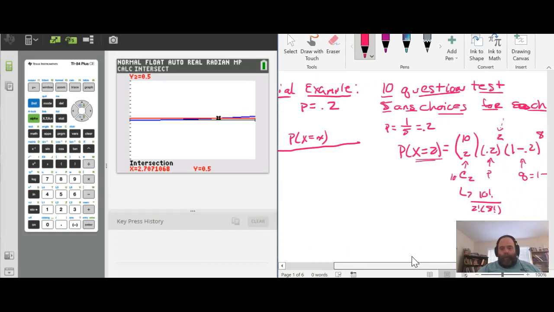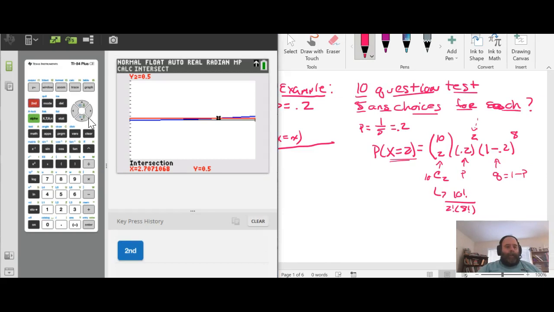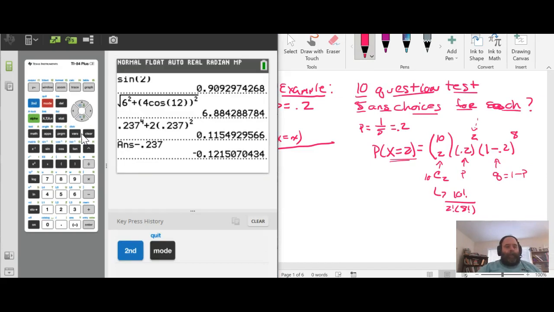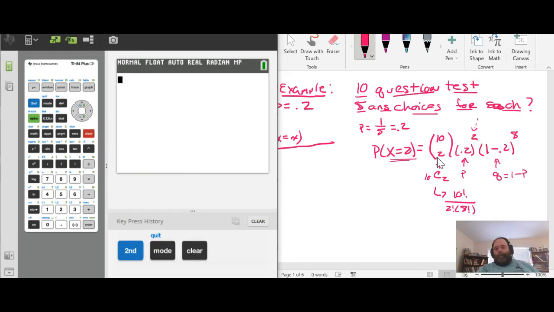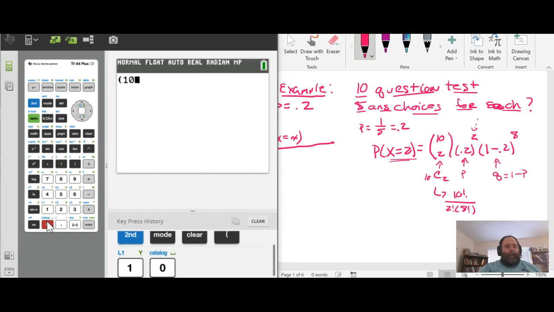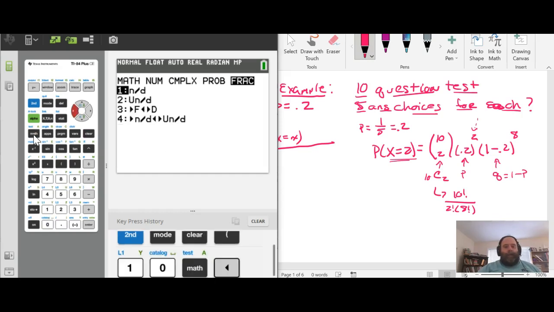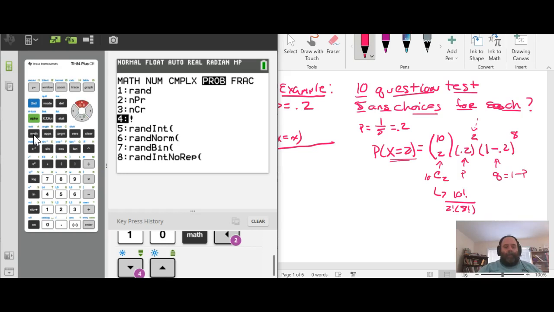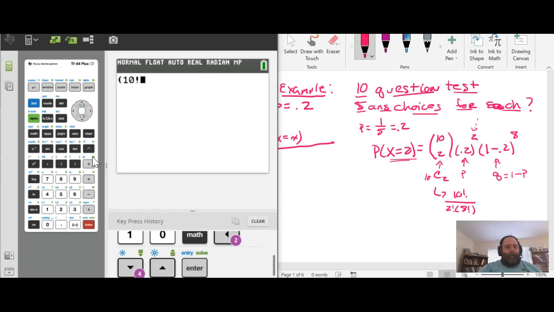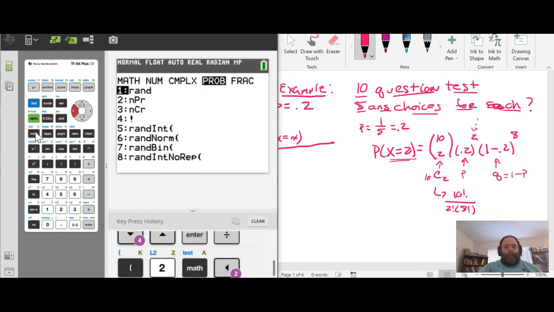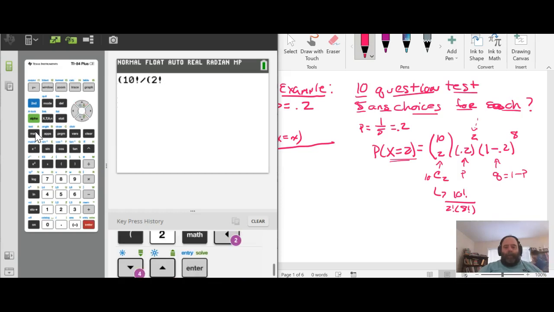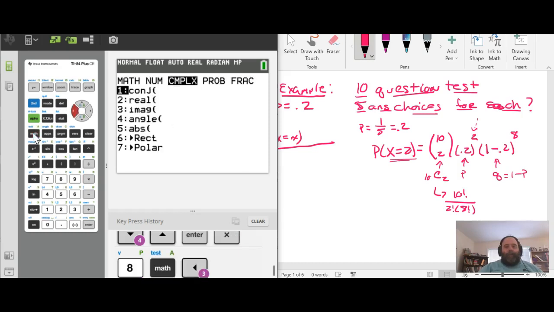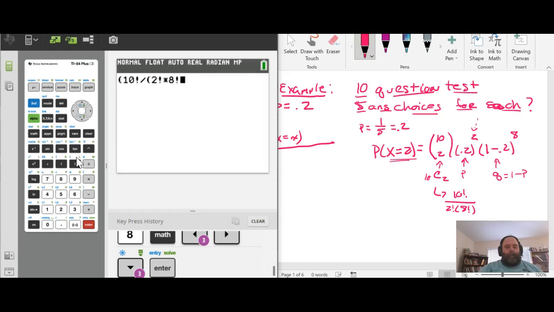I can quit, go to my main screen, clear this all out, and find that number up front by going 10 math factorial, divided by 2 math factorial, times 8 math factorial.